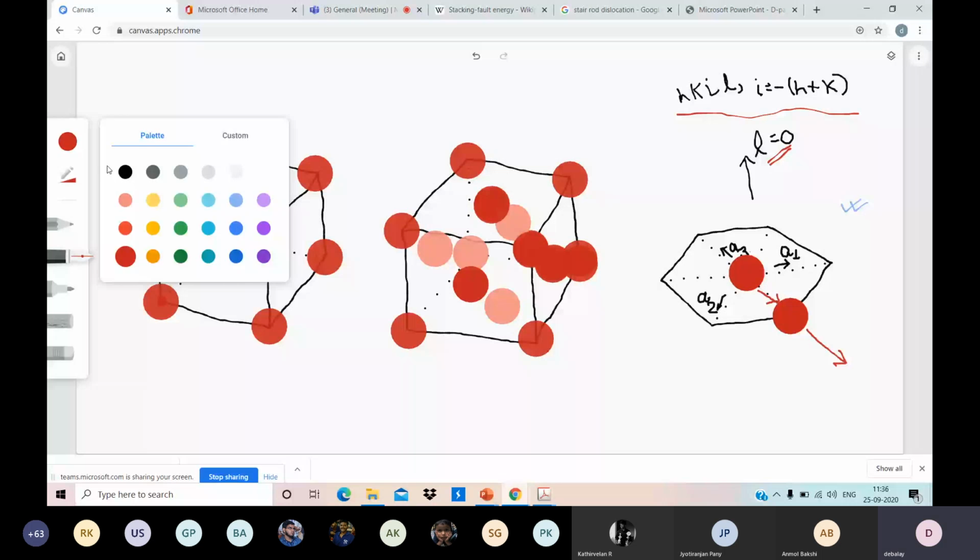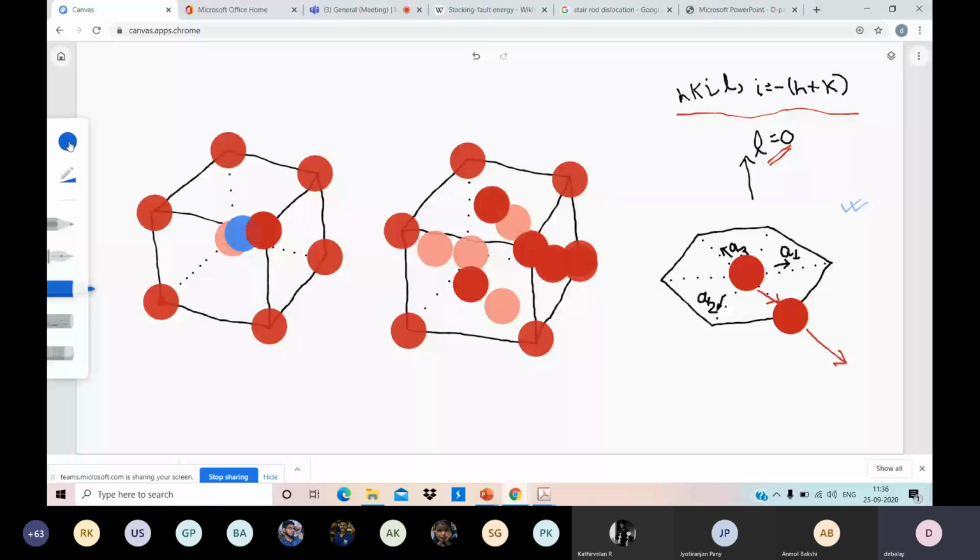Now see how I am moving in that direction. To show this direction, I have to take a very complex path. Along positive a1, I move one step. So from base, I come to the point a1.